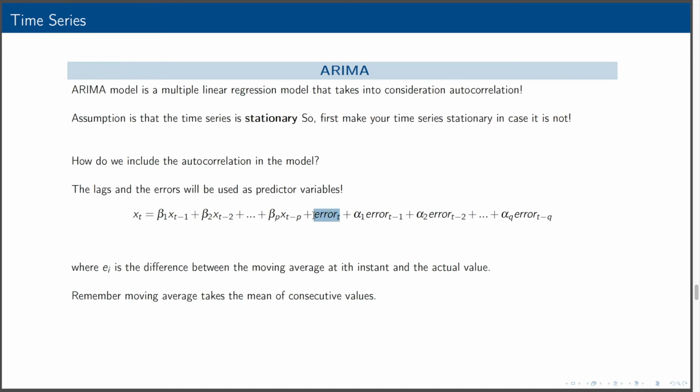And this is the error at that time point, the error at the time before, and the error before that, and so on and so forth. Yeah? So remember, moving averages takes the mean of consecutive values.